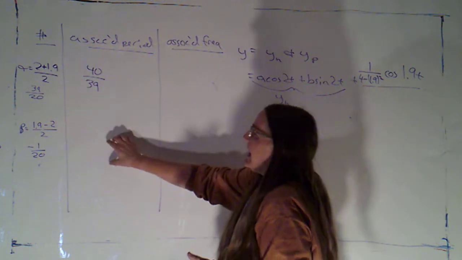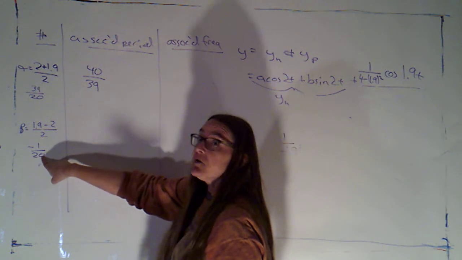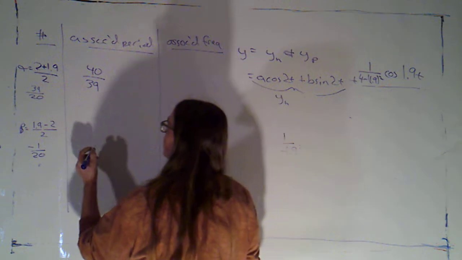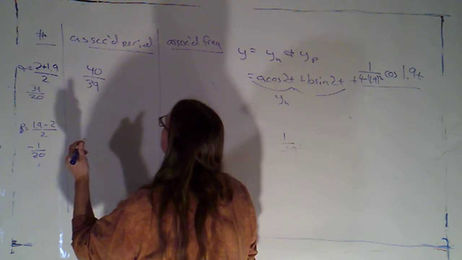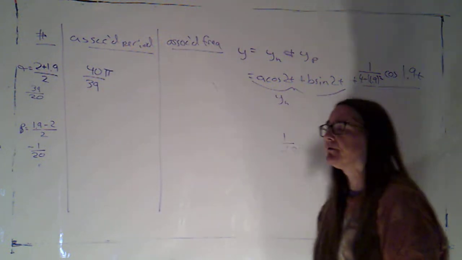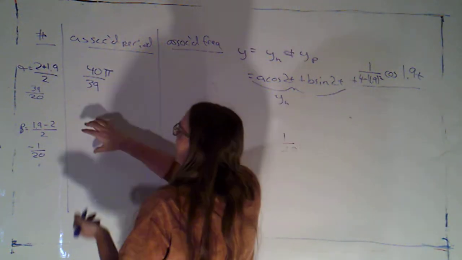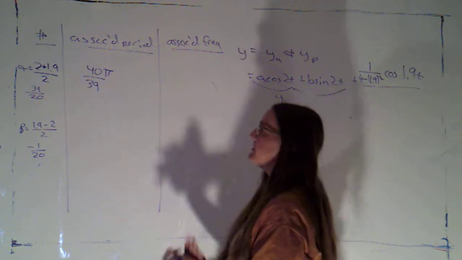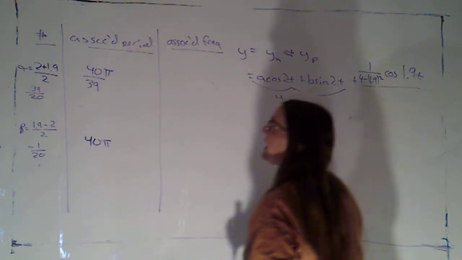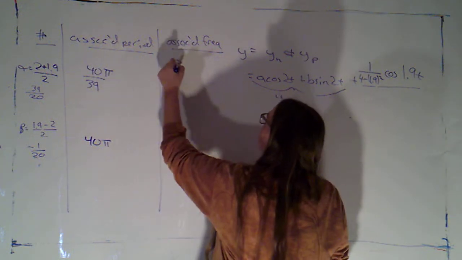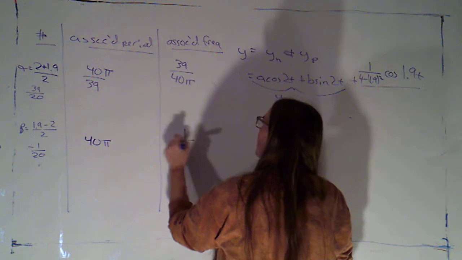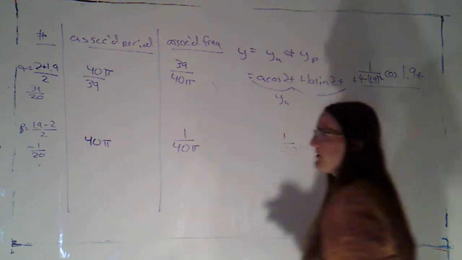Here I'm going to take the absolute value of that. 2 pi divided by 1/20 is just going to be 40 pi. So the associated frequencies are 39 over 40 pi and 1 over 40 pi.